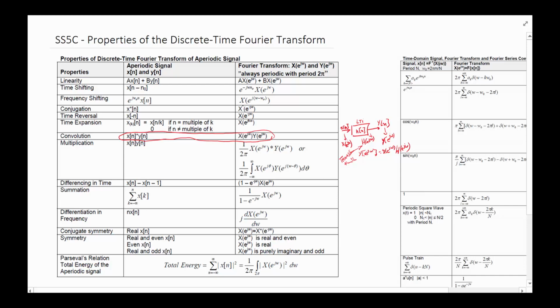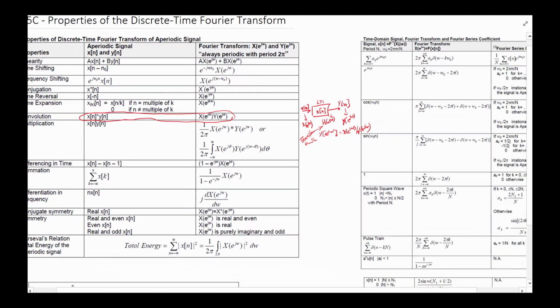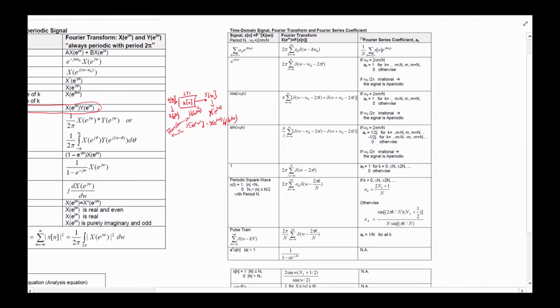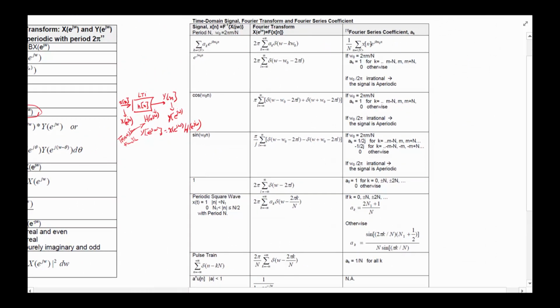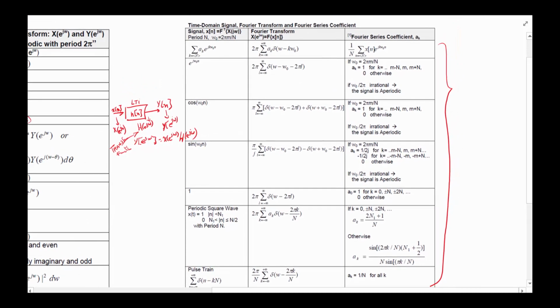These are the relationships for the Fourier transform. Another table that is useful has some of the most common Fourier transforms. As you can notice, from here to here, we also have a Fourier series, because these first seven functions are periodic.